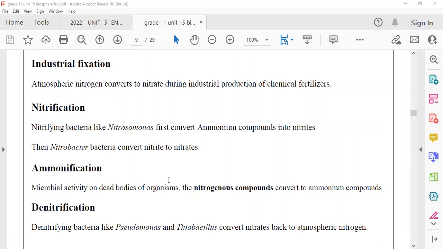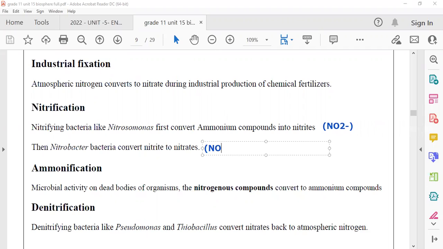It is done by nitrifying bacteria. You know, nitrification takes place in two steps. First, ammonium ions are converted to nitrites, NO2 minus. Then nitrites are converted to nitrates, NO3 minus.